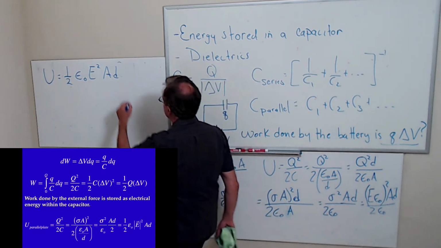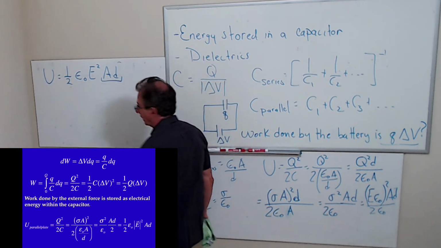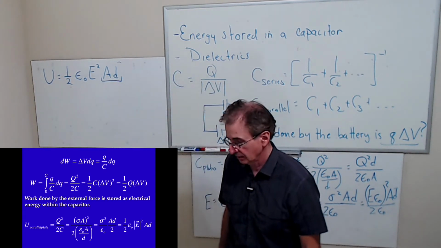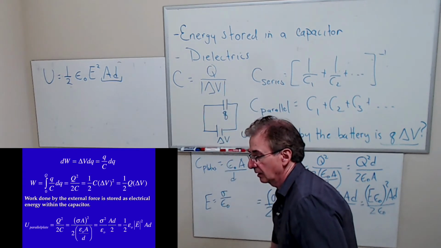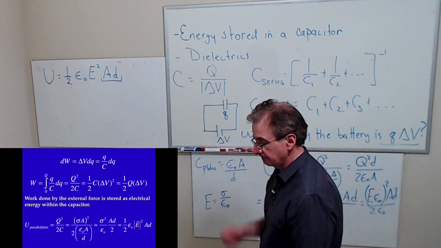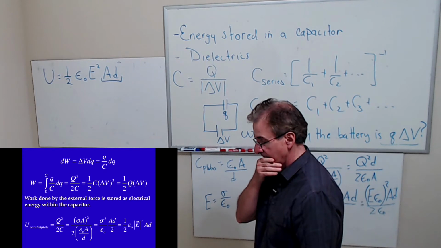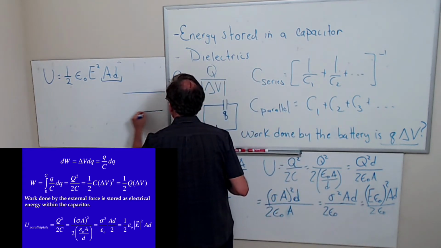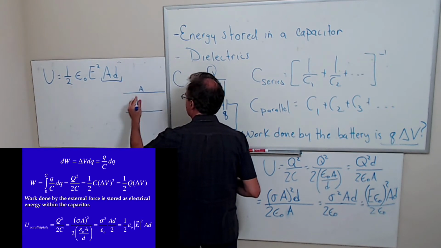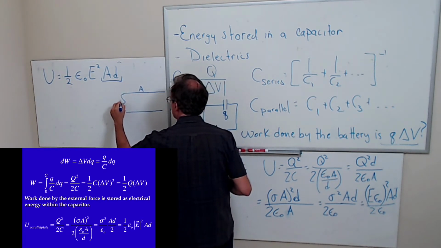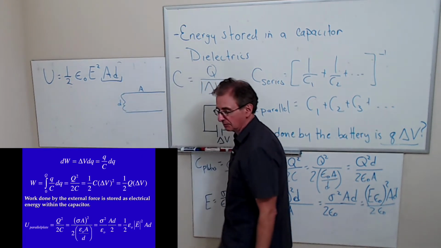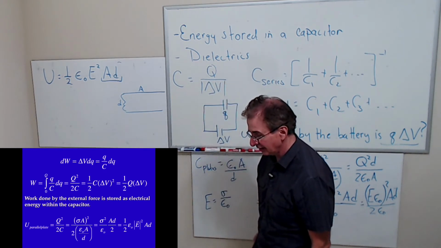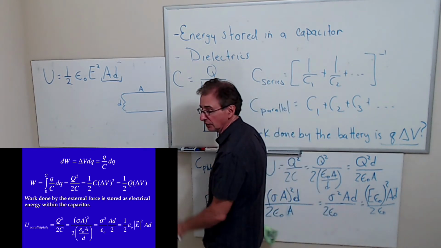Now, what does the A times D represent for a parallel plate capacitor? I have two plates. The area of the plates is A, and D is the separation between the plates. It's the volume in between the plates.